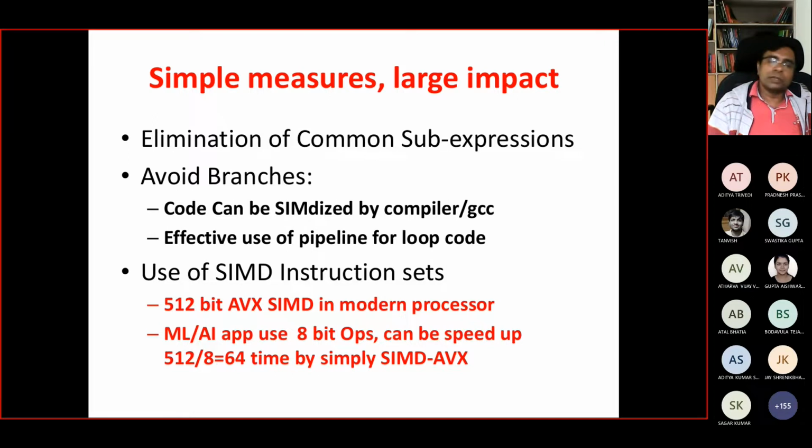And most JPEG coding and MPEG coding use AVX instructions. If you download and see the source code of JPEG or MPEG, you can see they use AVX coding. AVX means SIMD, and there are many other instructions. Have you heard about SSE, MMX?